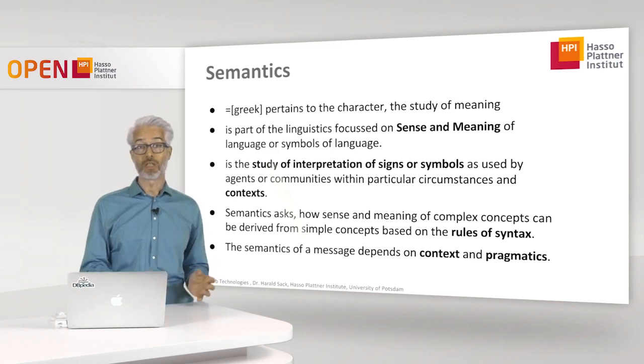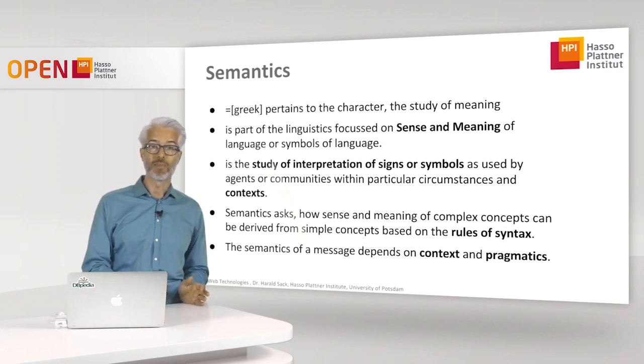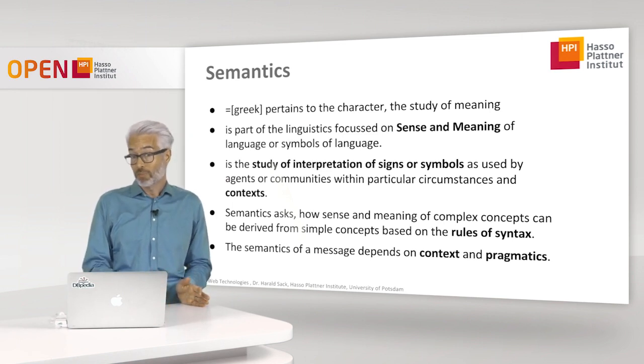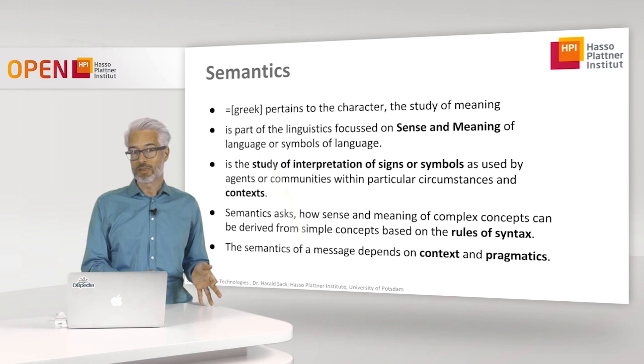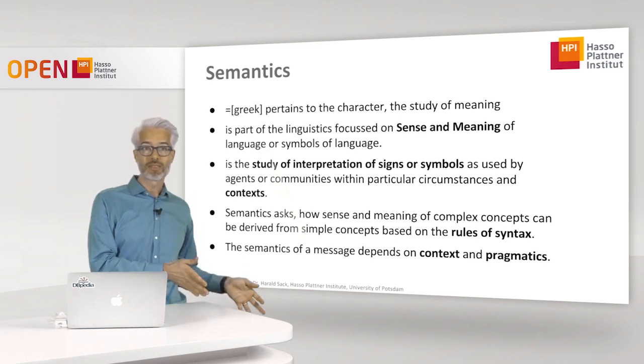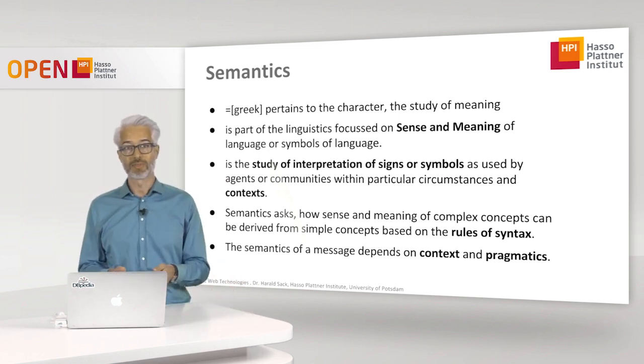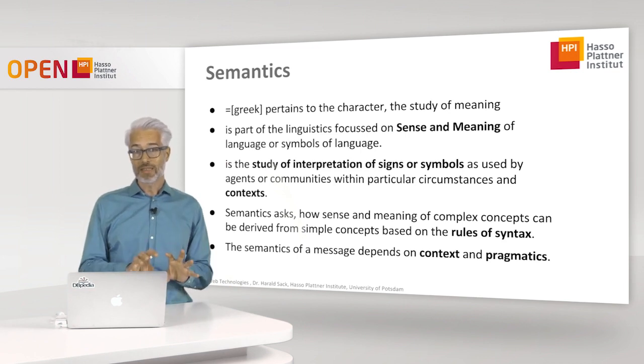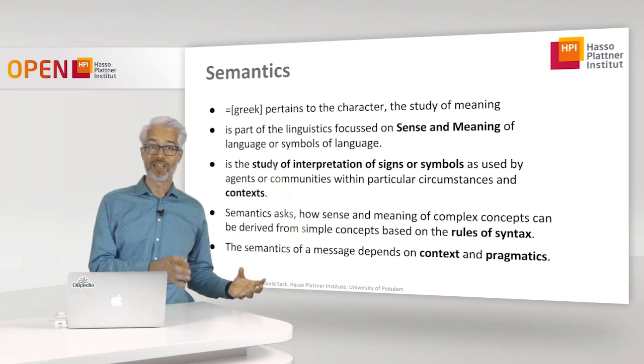Context can be, for example, your location and the point in time when I formulate the message. So it's clear that if I formulate a message to you, if I interpret it now, it means possibly something different than in the case when it's interpreted 100 years before that time or 100 years after that time. So usually context defines a time frame in which a specific semantics is valid.